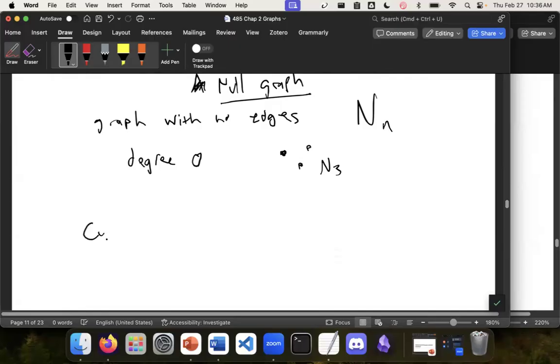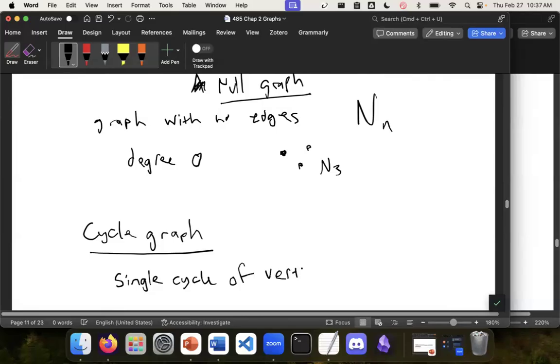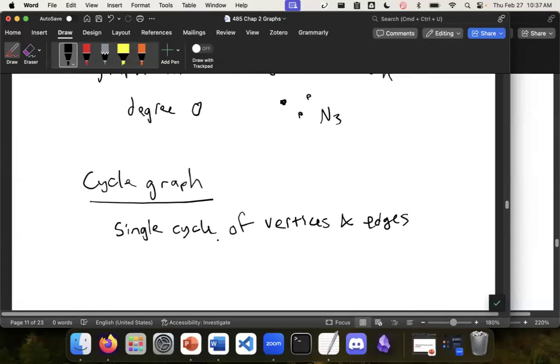There's also cycle graphs, which is just, the graph is just a single cycle of vertices and edges. You might guess we write it like Cn.